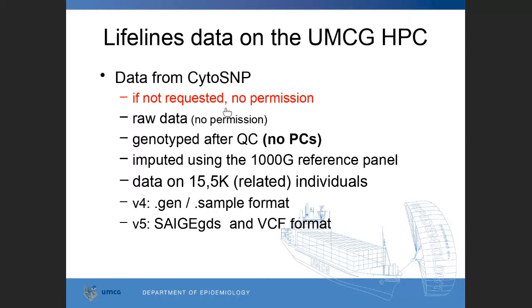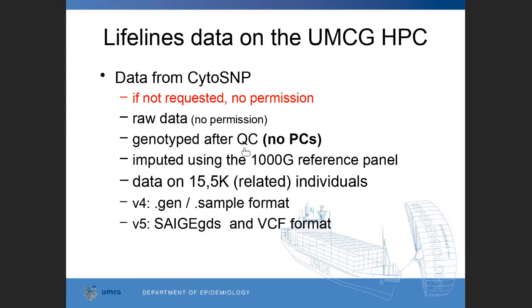So it's not automatic that you also get access to the CytoSNP data. On the cluster, if you did request them, there's also the raw data, but it's of no use, and also you don't have permission to look at it. Well, at least I don't have permission to look at it.